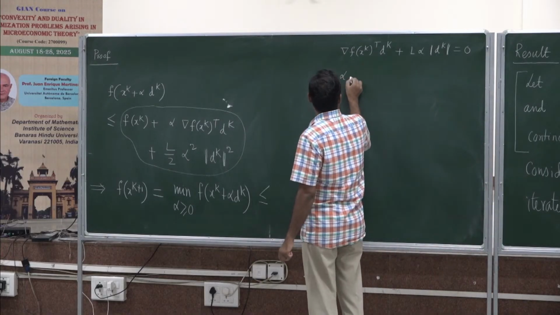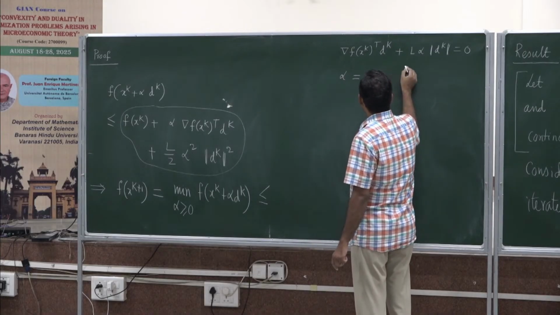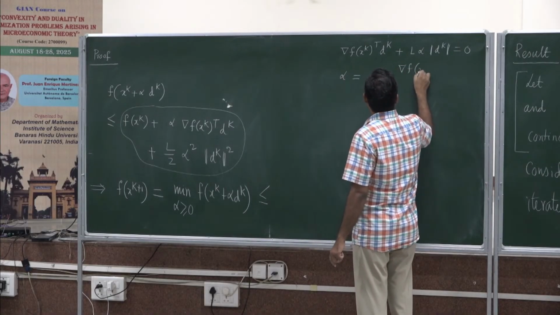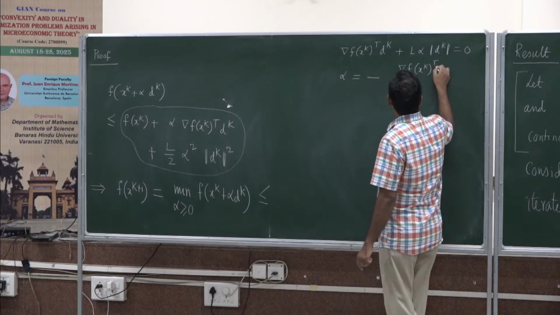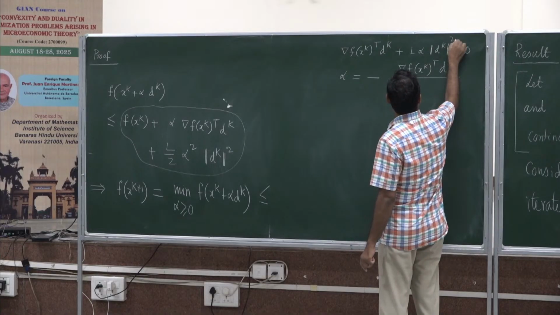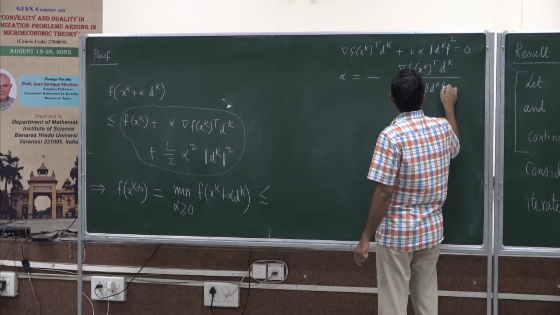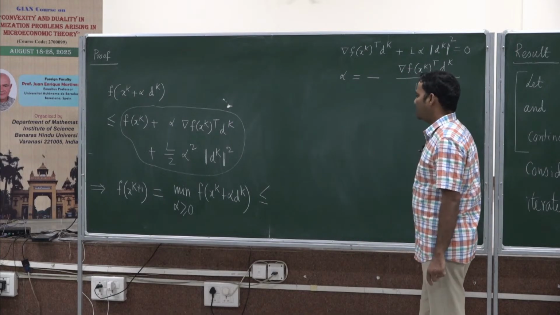And then the minimum would occur at alpha equal to negative gradient f(xk) transpose dk divided by L norm dk squared, fine. This is a quadratic function.